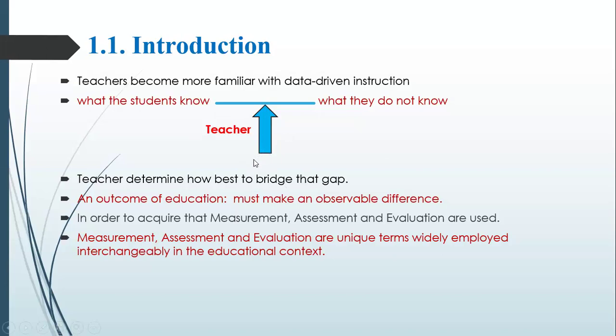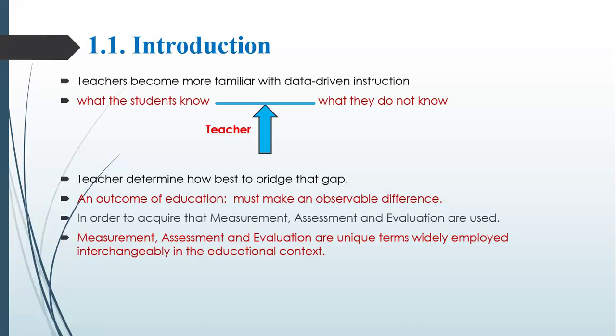The outcome of our education, as we all know, is to make observable differences. That means throughout the education, the students' skills, attitudes and knowledge should change. To achieve that, the teacher wants to know the students' level. To do that, the teacher does several measurements, assessments, and evaluations with the students.